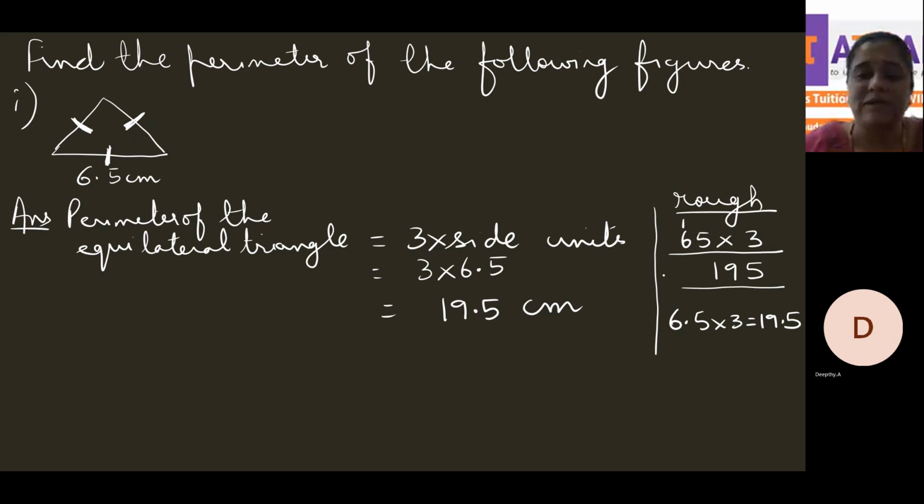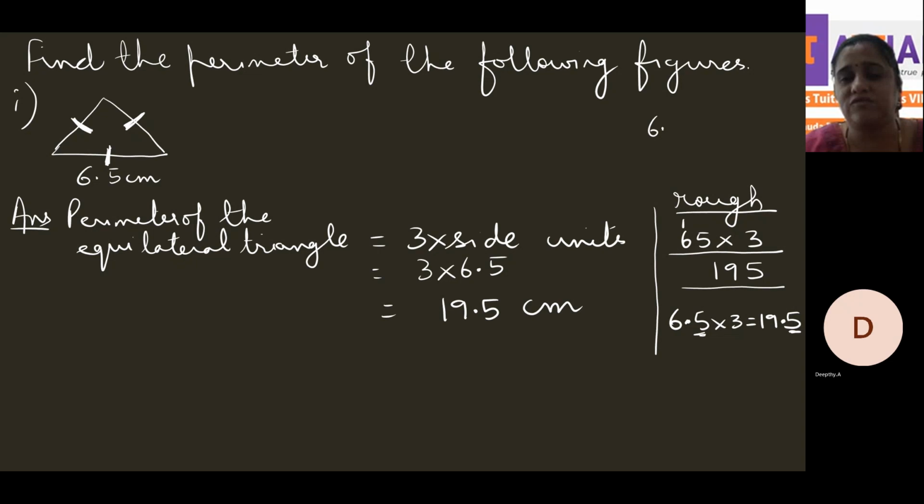Okay, so how do we multiply 3 and 6.5? Just multiply 65 and 3, as if there is no decimal point. Multiply 65 and 3, we get 195. Now, after the decimal point in 6.5, there is one digit, 5. So in the product, after the decimal point, there should be one digit. So it's 19.5.